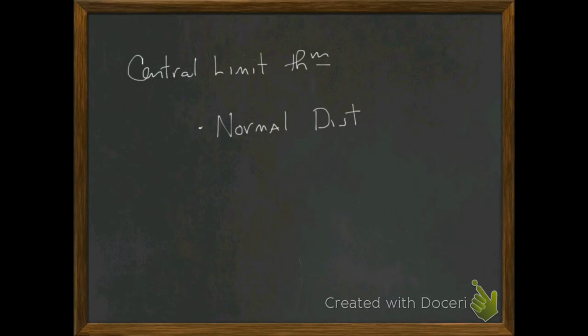Well, this is where the central limit theorem kicks in, and it tells us the answers to those questions. What's the shape? Well, you'll have a normal distribution. What's the center, the mu sub x bar? Now let's think about that.